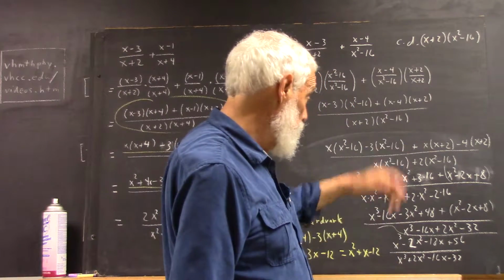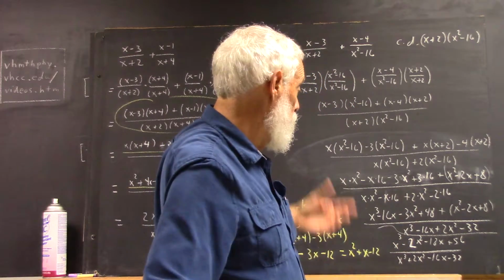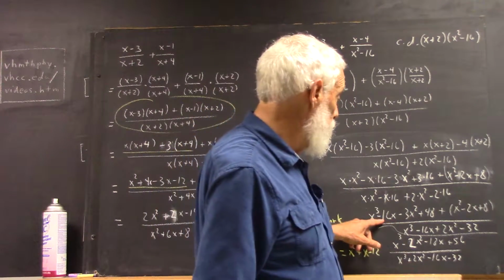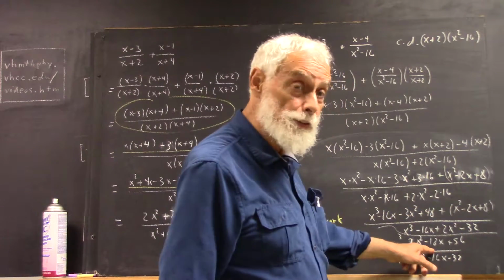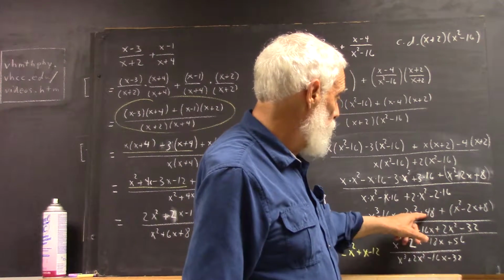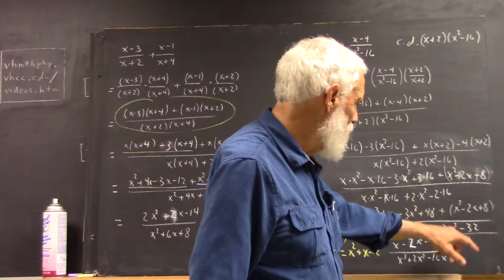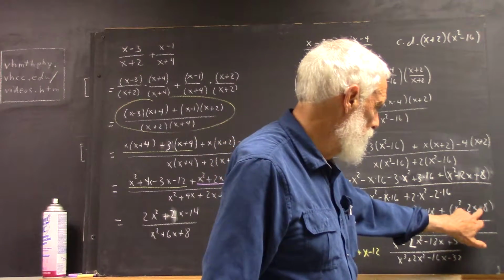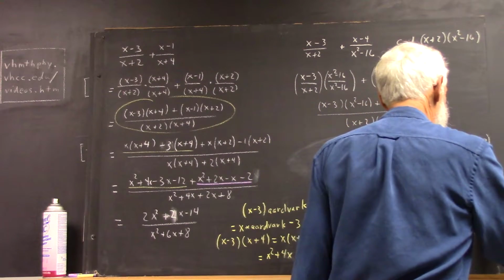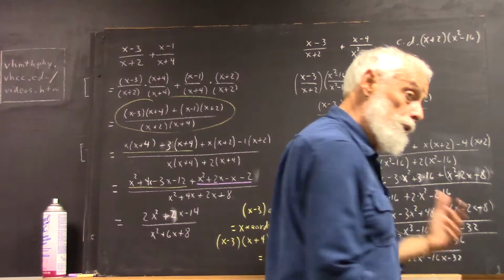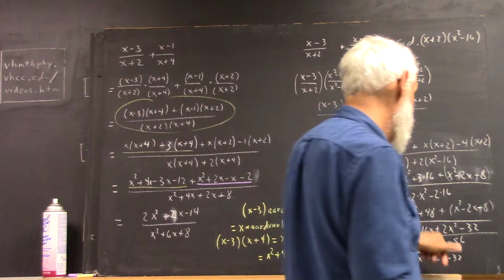Keep an eye on me, I'm terrible with clerical details. Negative 16x and negative 2x does give us negative 18x. And 48 and 8 is 56, except that's a minus 8 and somehow I wrote a plus 8 here, so that's wrong too. You know, you can get the numbers right.